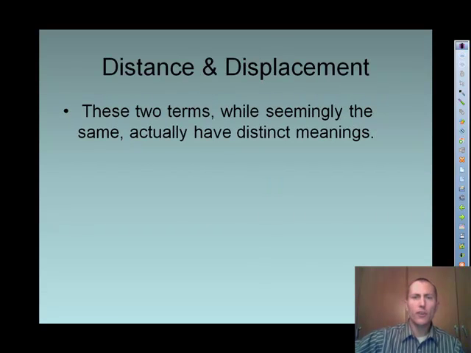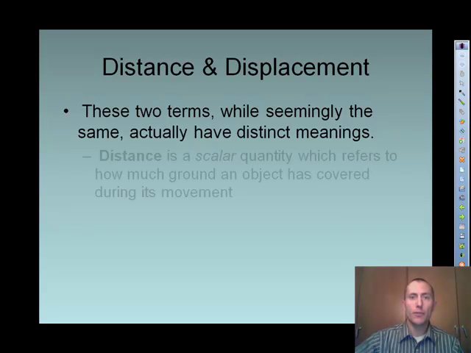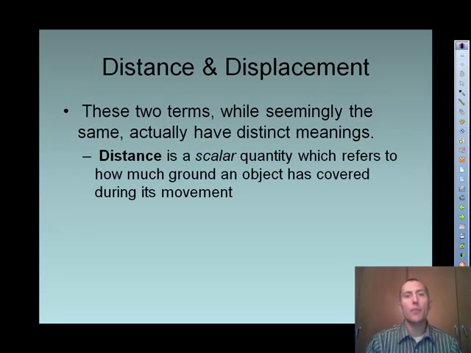So let's start with our two most basic terms, distance and displacement. Initially, they seem like they are the same thing, but they're actually very distinct terms when we're talking about them from a physics standpoint. Distance is a scalar quantity. Remember that scalar quantities have only a magnitude and a unit.